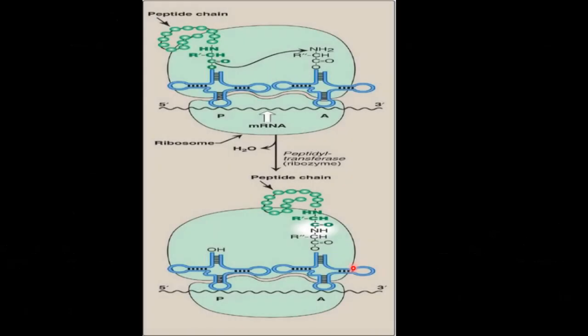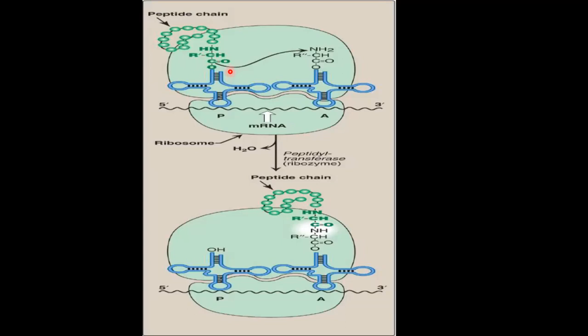Now let's look at that. You can see we have a peptide transfer RNA at the P site, then an amino acid transfer RNA will come to the A site, then via the intrinsic peptide transferase activity of the 28S ribosomal RNA in eukaryotes, or the 23S ribosomal RNA in prokaryotes.